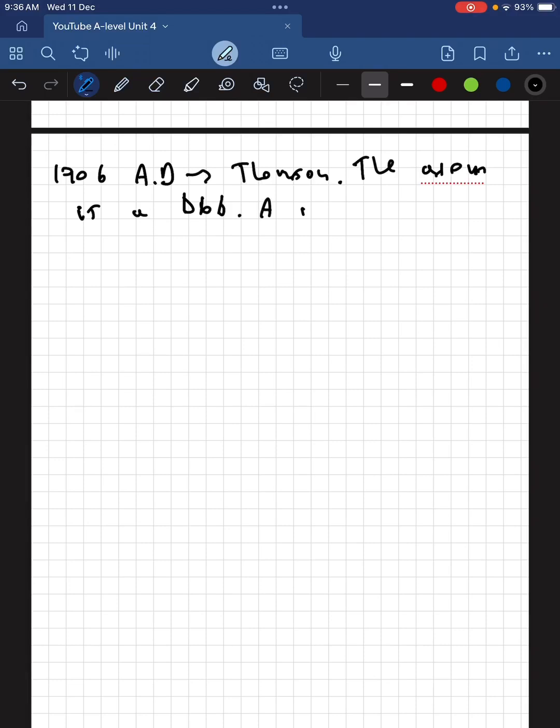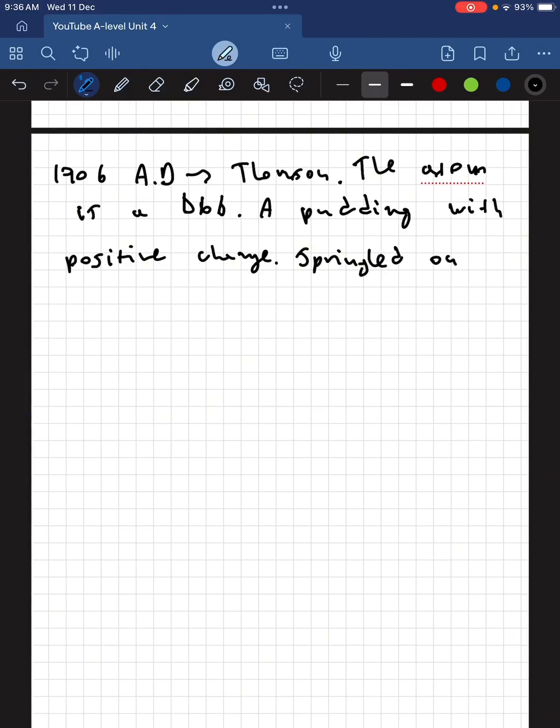So it looks like a pudding. That's why it's called the plum pudding model. A pudding with positive charge, with the electrons sprinkled, kind of, on top.